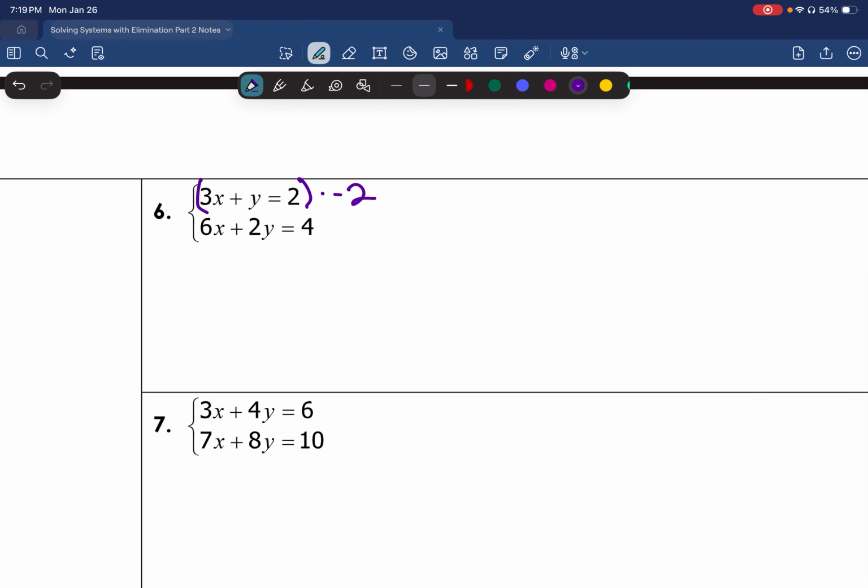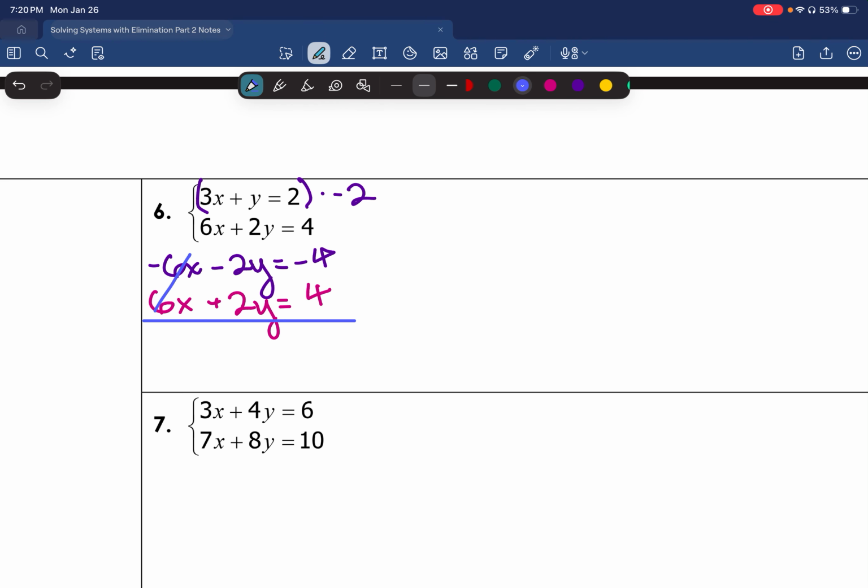So this will give me -6x minus 2y equals -4. And the other equation stays the same: 6x plus 2y equals 4.